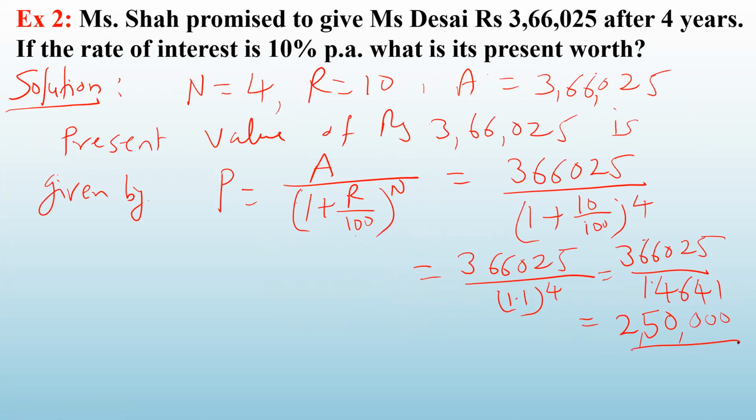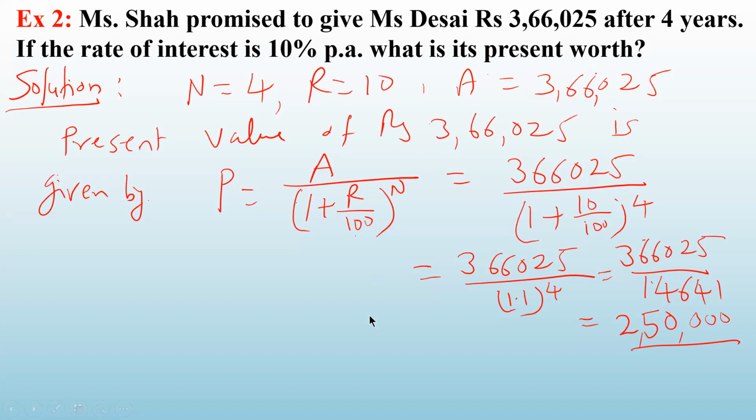So you can see that the present value of 3,66,025 is 2,50,000. The present value is less than this. So always remember that present value is always less than the future value.